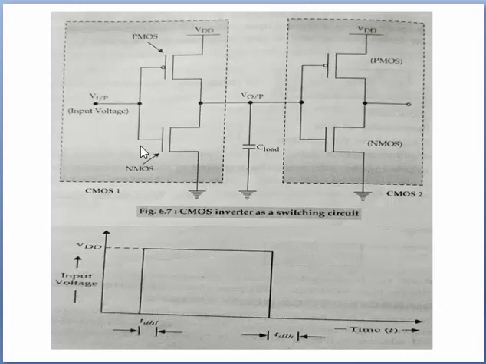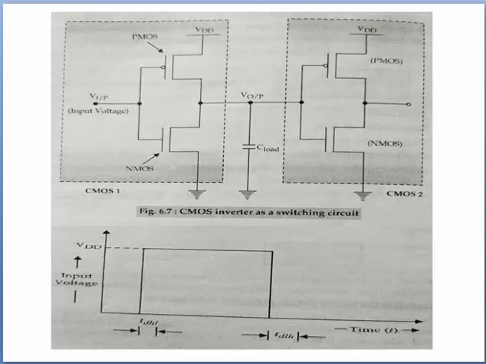Similarly, when the input voltage V input is 1 or high, then PMOS is in the off state, acting as an open switch in cutoff, whereas NMOS is in the on state, means NMOS is in saturation. Then it presents a minimum value, means the output is 0, V output is low.